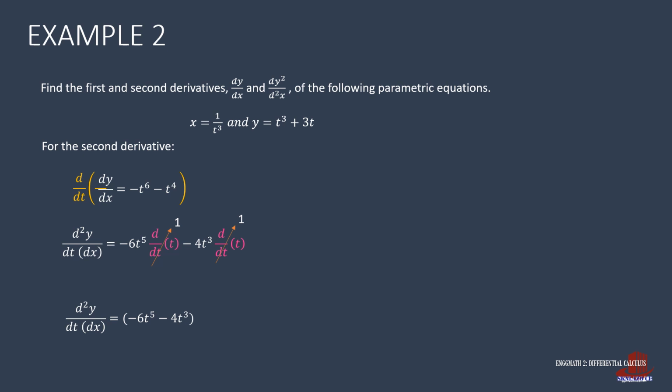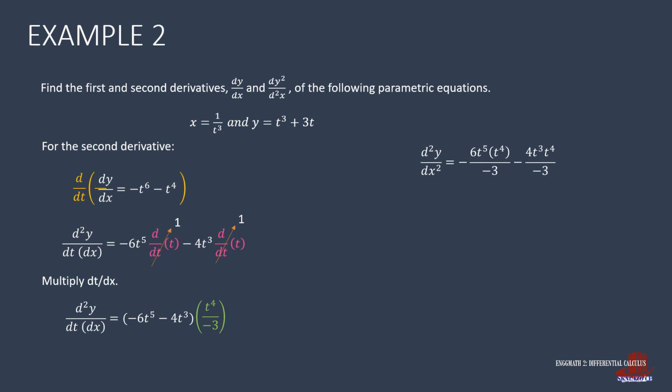To take out dt and fix dx, multiply the reciprocal of the x function. Continue by multiplying t raised to 4 upon negative 3 among the terms. The second derivative of y with respect to x then becomes negative 6t raised to 5, multiplied by t raised to 4 over negative 3.